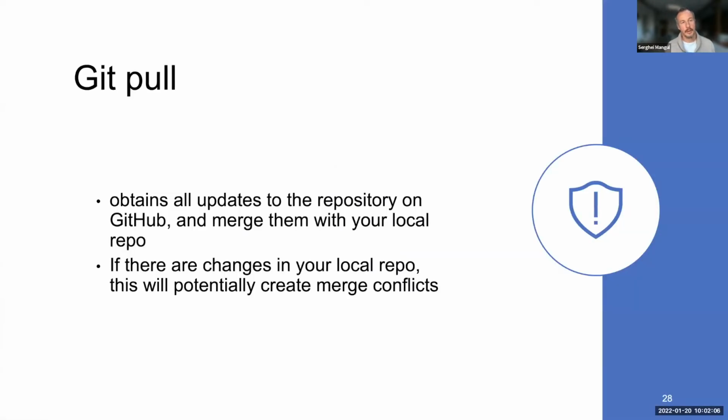Okay, git pull, right? Remember I mentioned that, but to introduce it formally, it obtains all updates to the repository on the GitHub and merges them with your local repository, right? So basically it just updates your local repository. Everything that is new online, it will take. But if there are any changes in your local repo, this will potentially create a merge conflict, right?